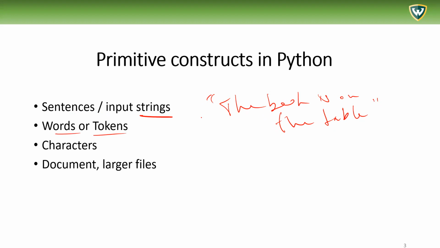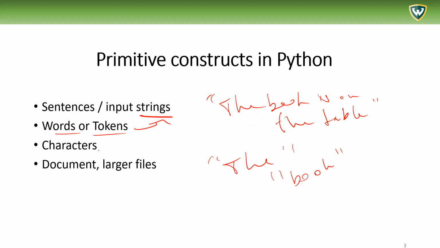Words or tokens, this is also a term for linguistics, and in Python, it will still be string data type. And by token, we mean the broken down words such as the and book and so on. And in text analysis, we call these the tokens of a longer string.